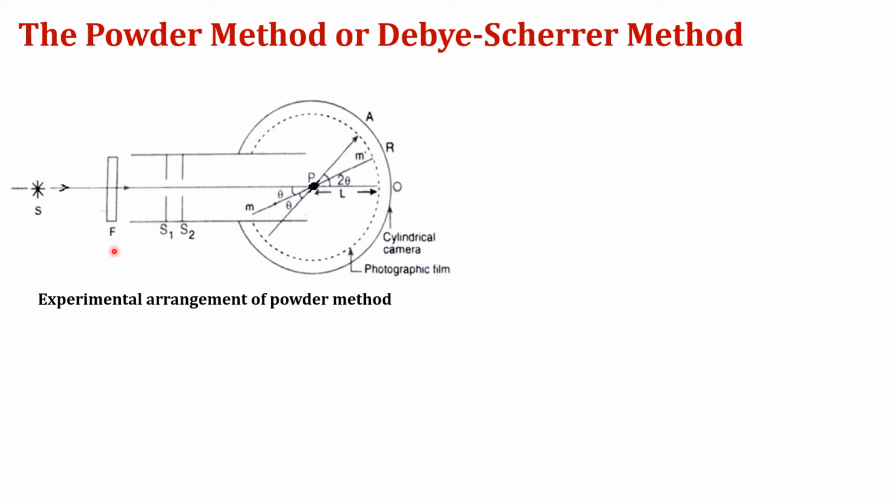The filter is a window of material that absorbs undesirable radiation and allows only the required wavelength to pass. Therefore, the continuous X-ray becomes monochromatic by using the filter.